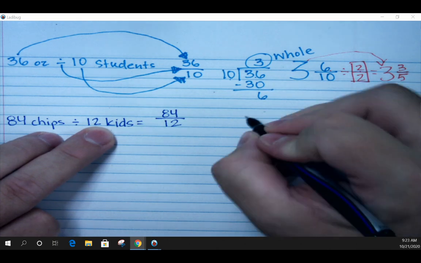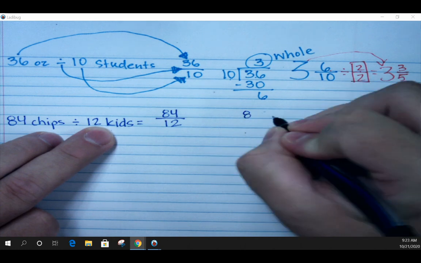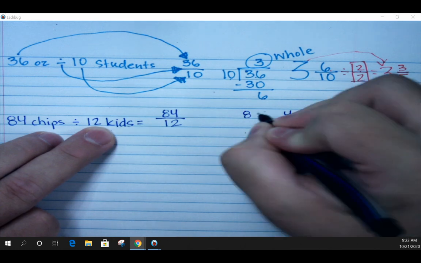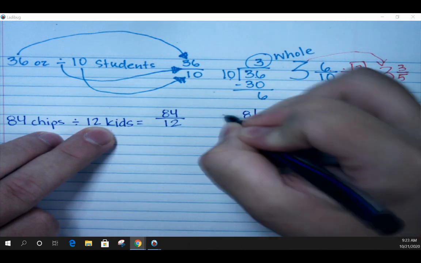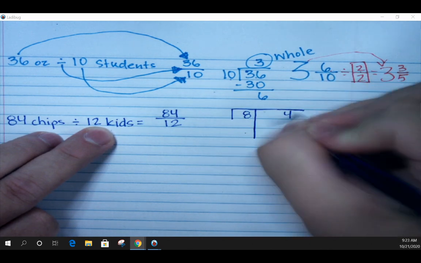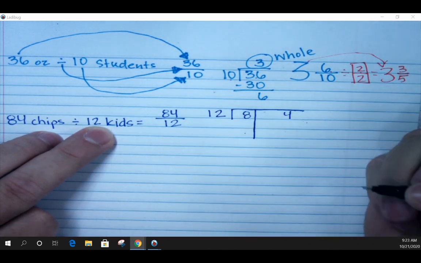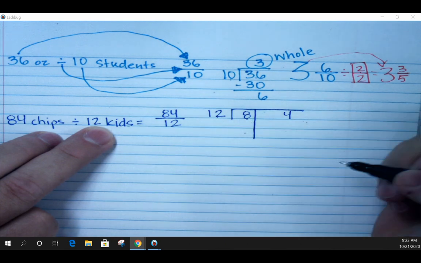Okay, 84 divided by 12. Will 12 go into 8?